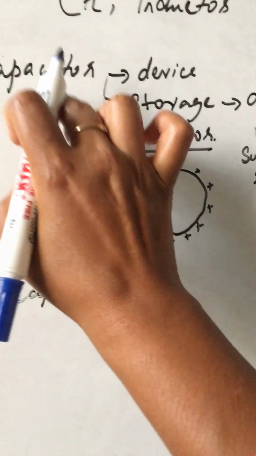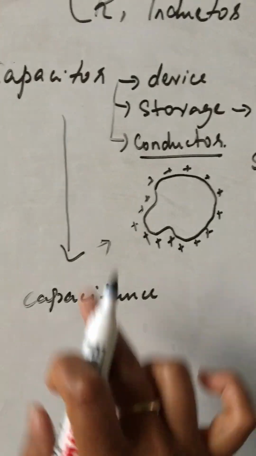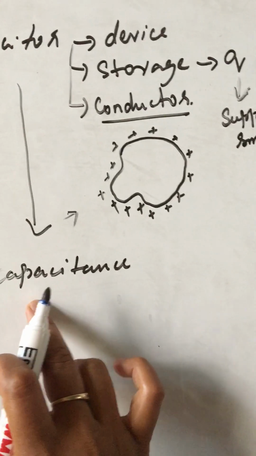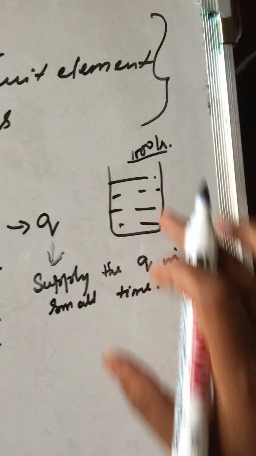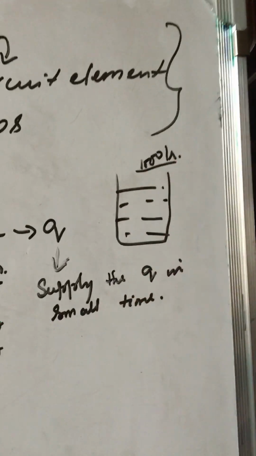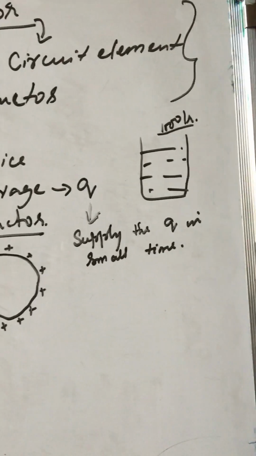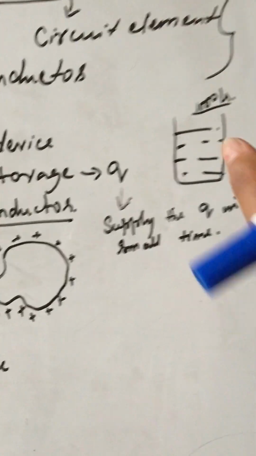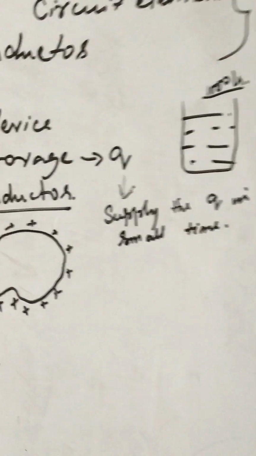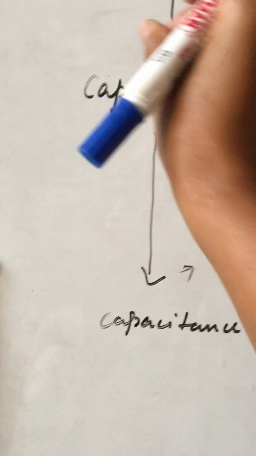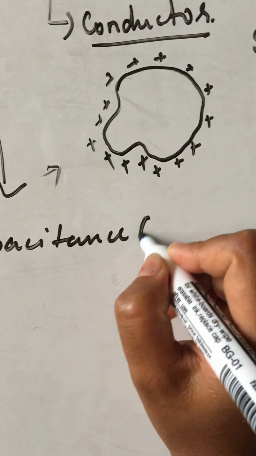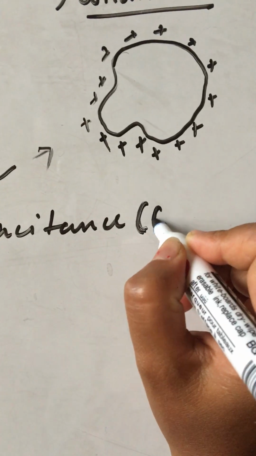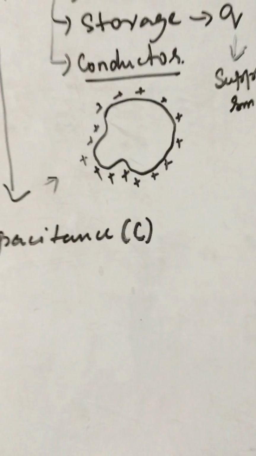That means the function of the capacitor is its capacitance. So how much is the capacitance? Like in a tank, in this example, 1000 liter is its capacitance, its storage capacity. Similarly for the capacitor. We denote capacitance as C.